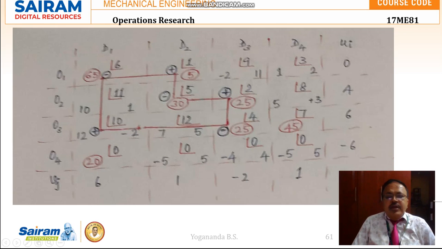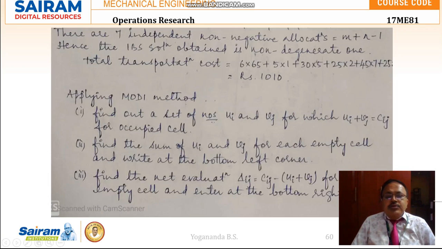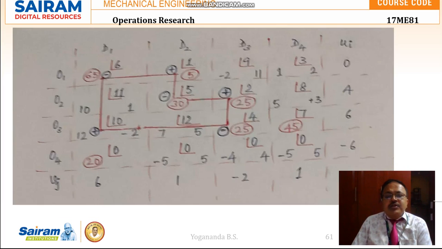The cost is 7. Already U is written as 6, so if we make V as 1, 6 plus 1 is 7. Like this we fill the U and V values, where U plus V is equal to cost. Now take the sum of U and V for each empty cell and write it at the bottom left corner.